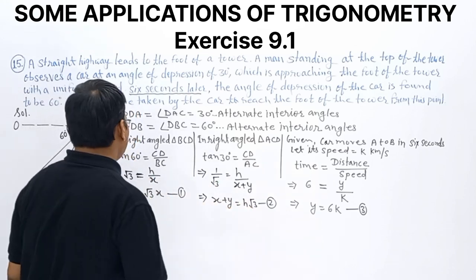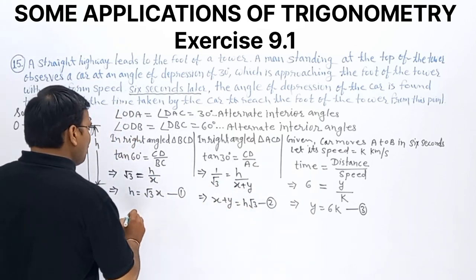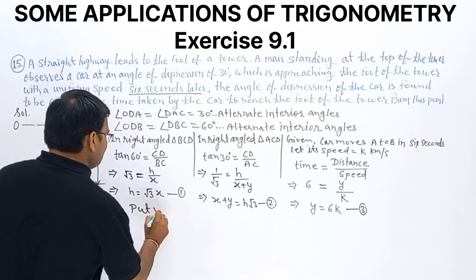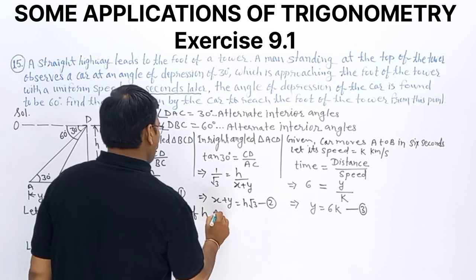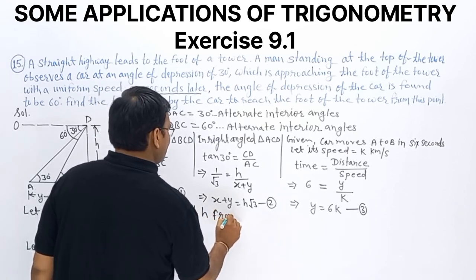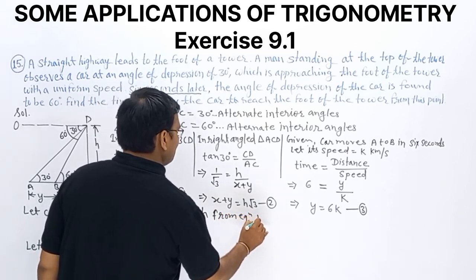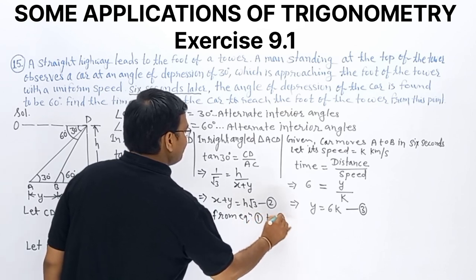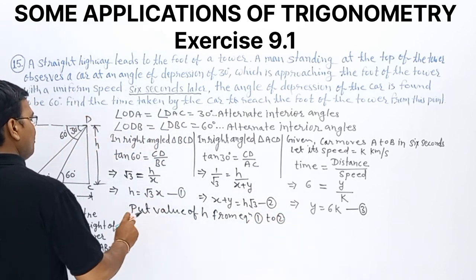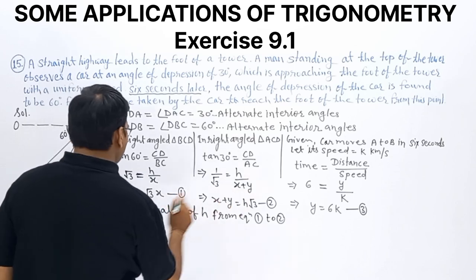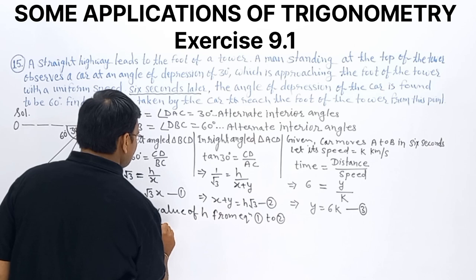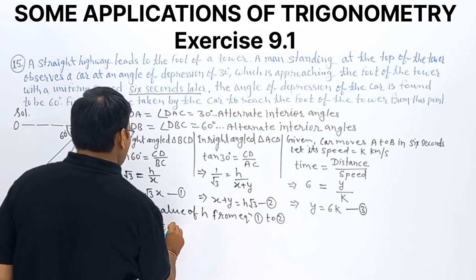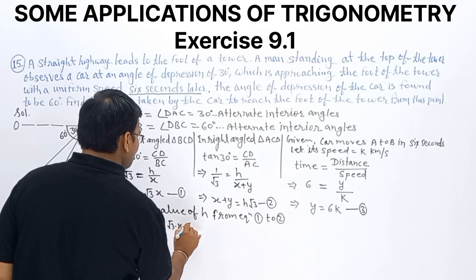Clear? Once we use both equations, we put the value of h from equation 1 into equation 2. Then what are we getting? x plus y will be h, which is square root of 3 into x into square root of 3.